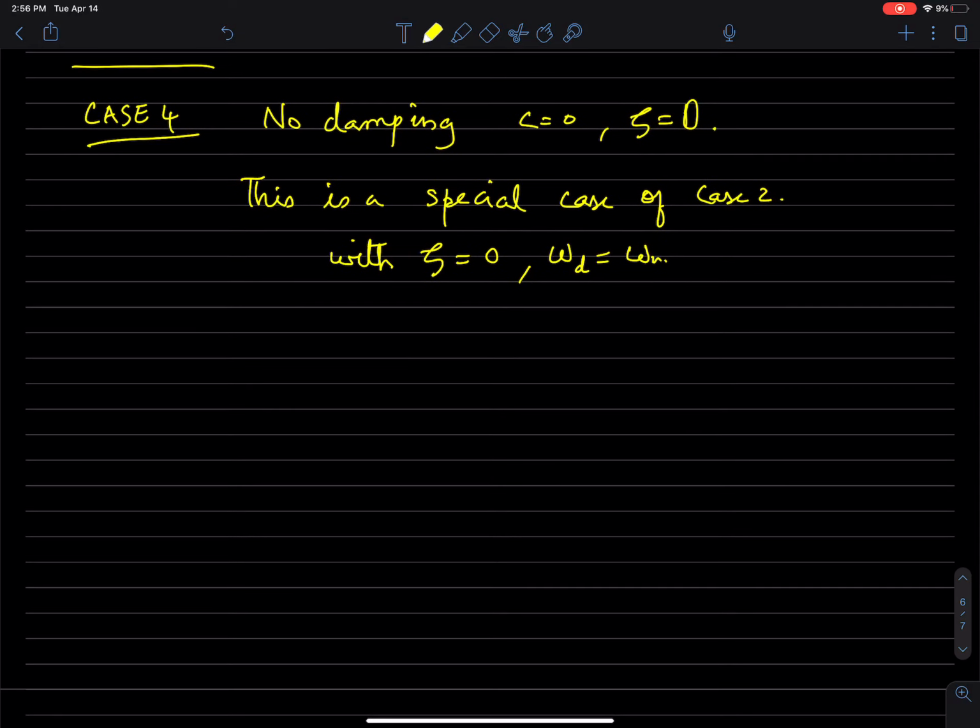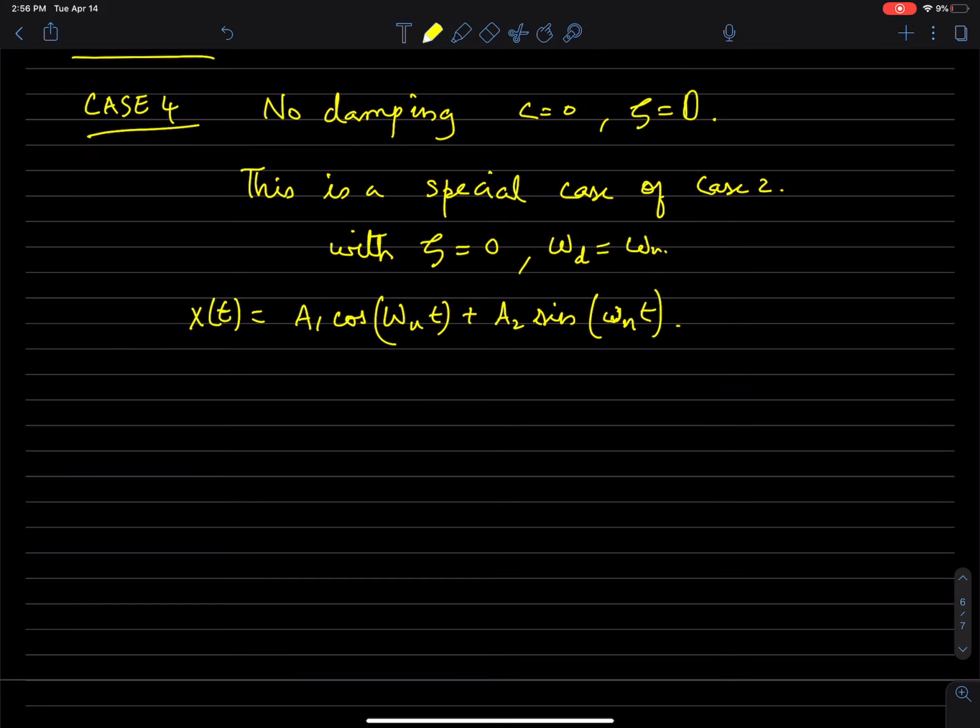So what we have is x of t equals a1 cosine omega n t plus a2 sine omega n t. And that's it, because e power minus zeta omega n t is equal to e power 0, which is 1.